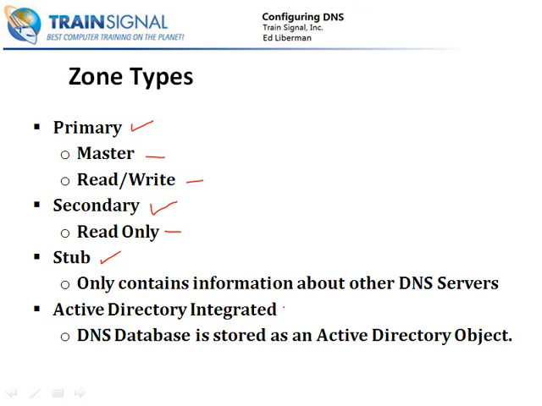But we also have something which is very common these days, called an Active Directory integrated zone. Active Directory integrated zones take the place of the old primary and secondary. Now the DNS database is stored as an Active Directory object, eliminating that master read-write copy, having only a single master. Now we can use the multi-master replication topology that Active Directory provides for us.